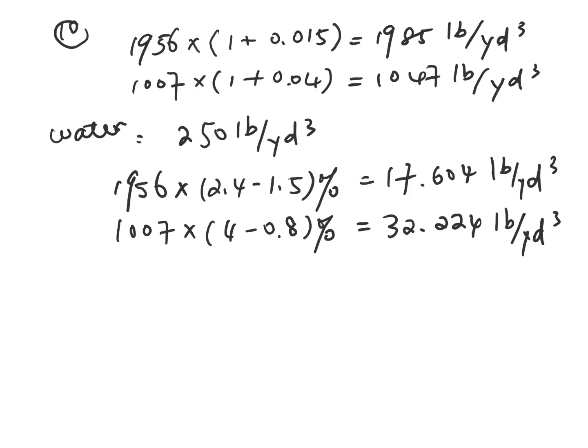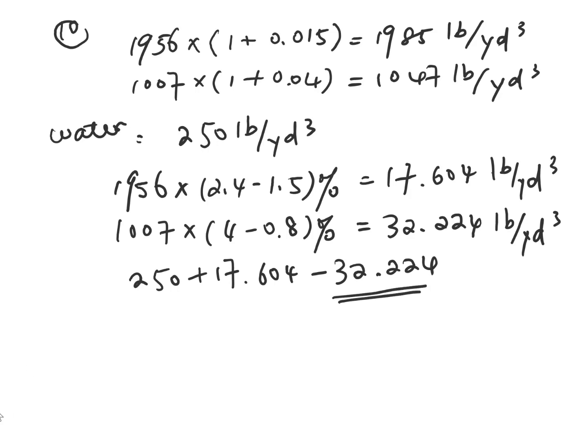Okay, so let's calculate the actual amount of water we need. So it's 250 plus 17.604 minus 32.224, because this is the excessive amount of water and this is the water needed by the coarse aggregate in order to achieve the SSD condition.